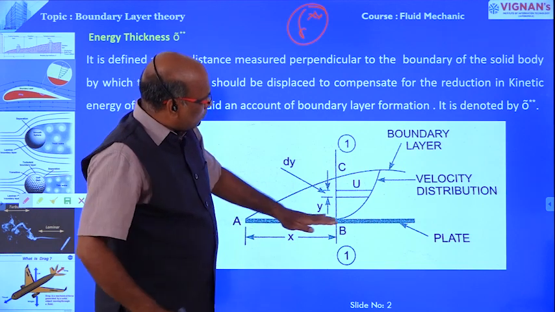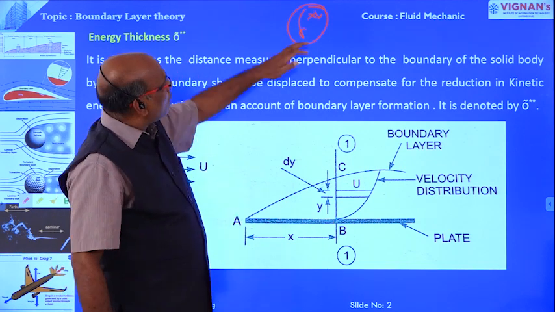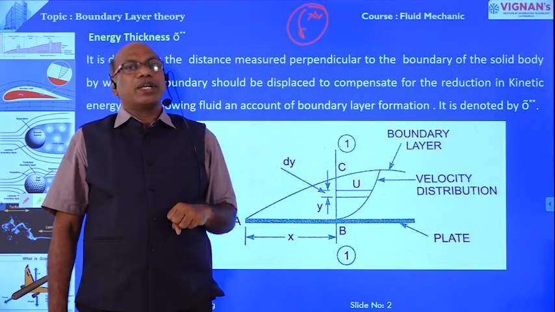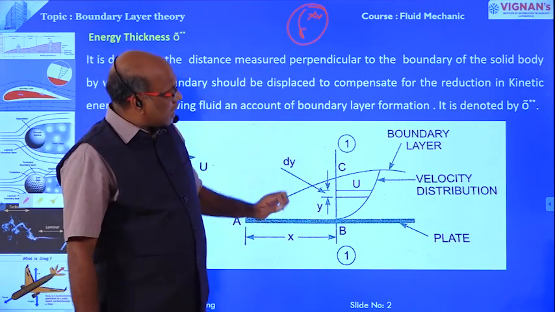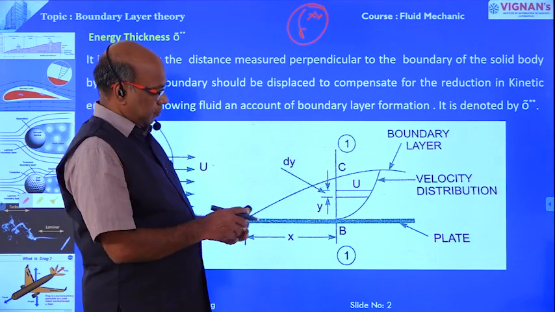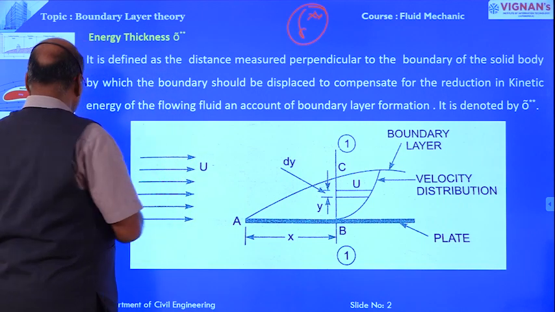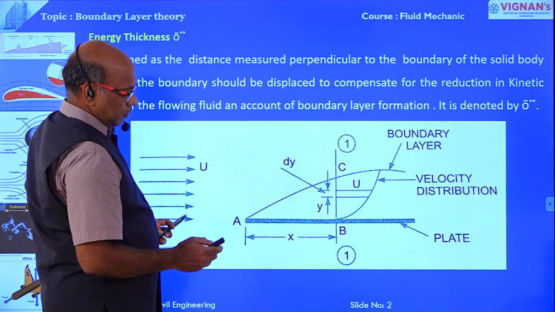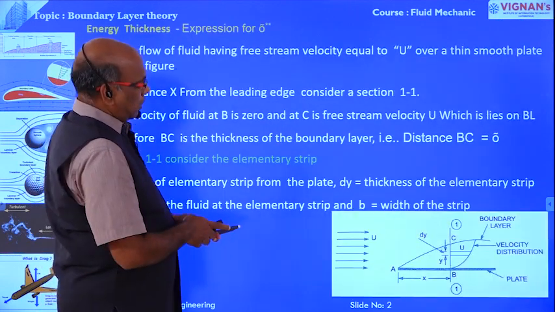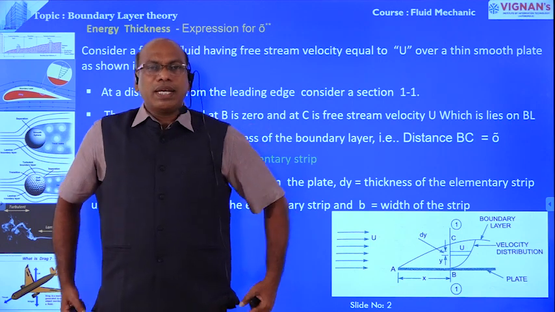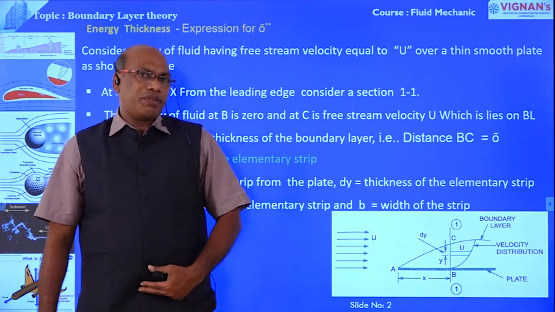Once that boundary layer is shifted to a distance delta double star, there is a reduction in the kinetic energy of the flowing liquid. That distance from the boundary is known as the energy thickness. Now, what is the derivation, what is the equation for the energy thickness that we are going to derive here?